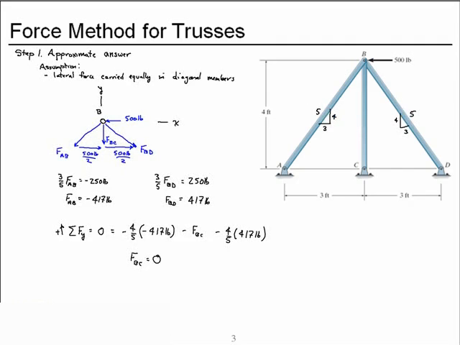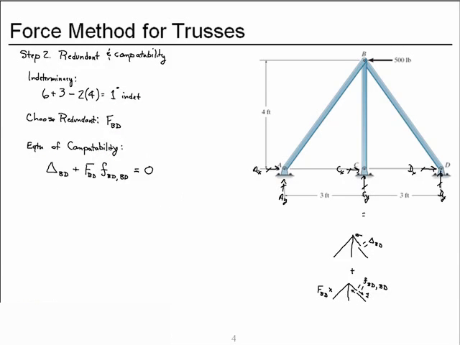We began by performing approximate analysis of the truss, and to do that we assume that the lateral force is carried equally in the diagonal members, and so we found that the force in member AB was the same magnitude as the force in member BD, but opposite signs, and we predicted that the force in member BC would be 0 based on this approximate analysis.